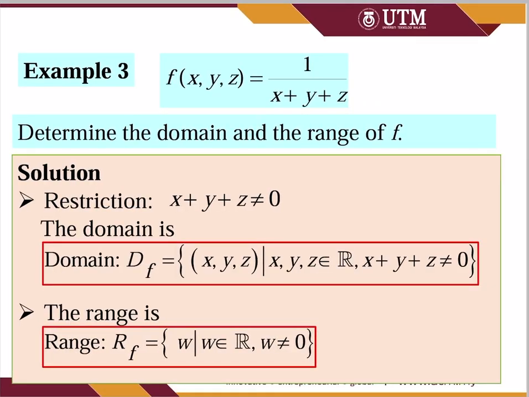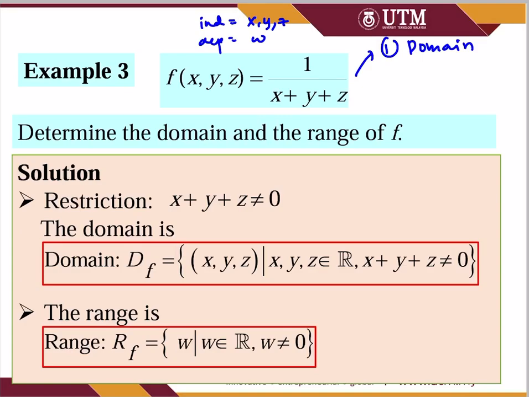Alright, example 3. Again we want to determine the domain and the range. Our independent variables are x, y, z, so it is three variables, and our dependent variable is w. To find the domain, we need to have the restriction. What is the restriction for the fraction?